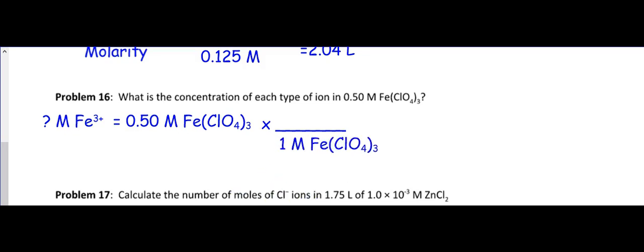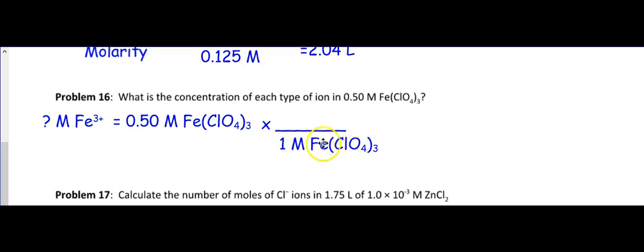And so I'm going to do that. Now, this is the same idea as moles. If I have the same volume, would you agree that the ratio of moles is the same as the ratio of molarity? Would that work for you as long as we have the same volume? I'm hoping so. So if this were moles, if I had 1 mole of iron 3 perchlorate, how many moles of iron do I have?